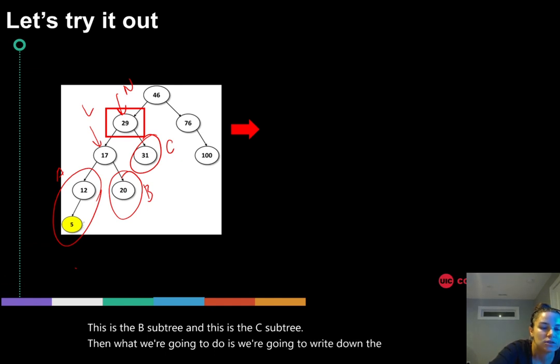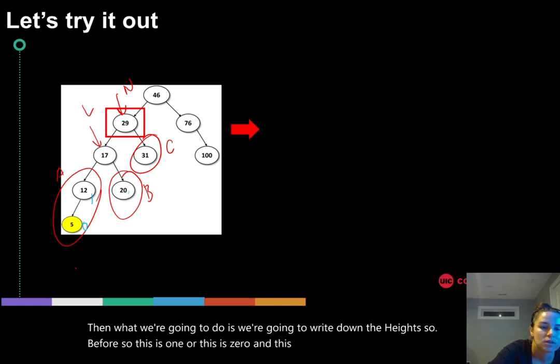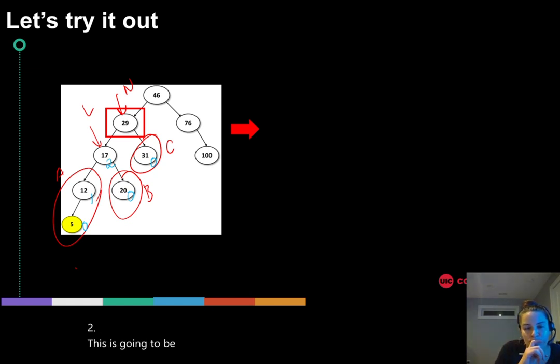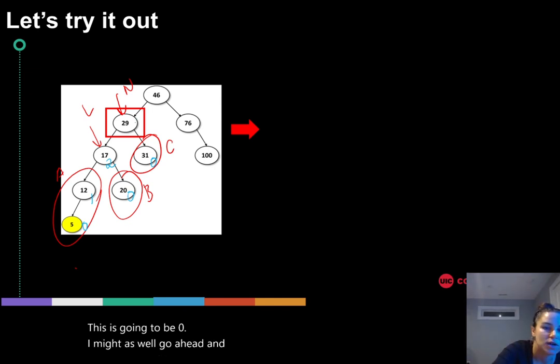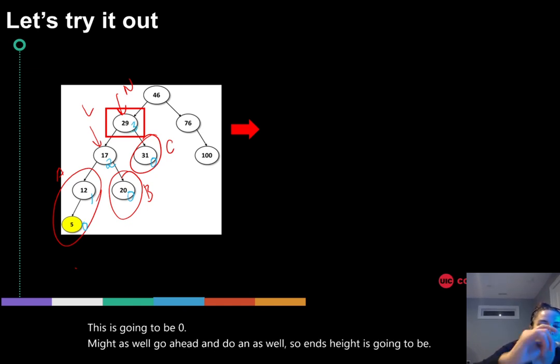So this is 1, this is 0, and this is 1. This is 0, this is going to be 2, this is going to be 0. Might as well go ahead and do N as well. So N's height is going to be 3.